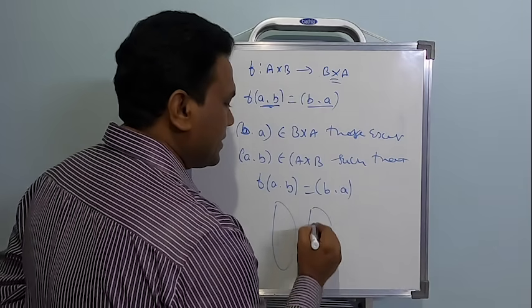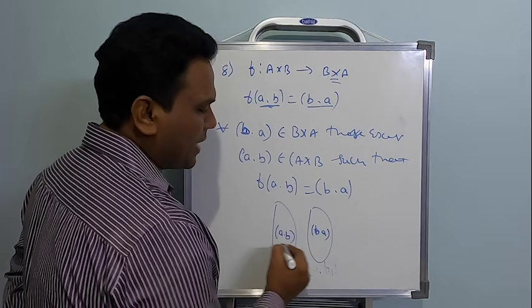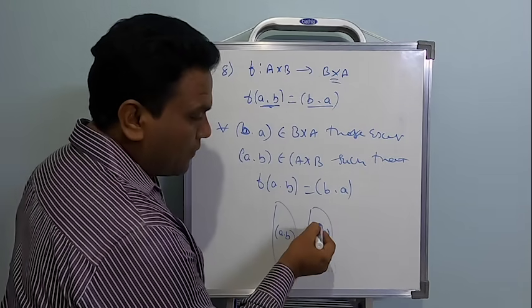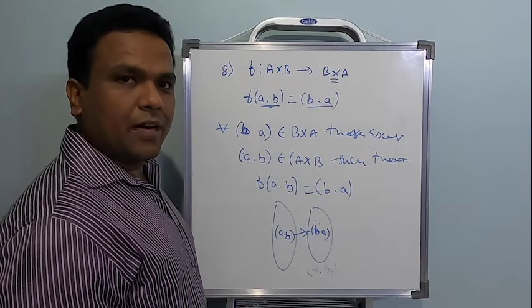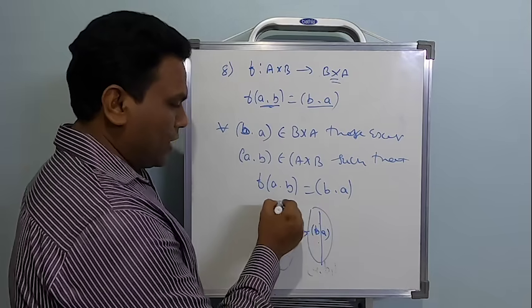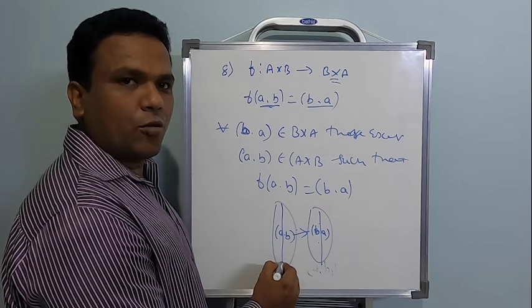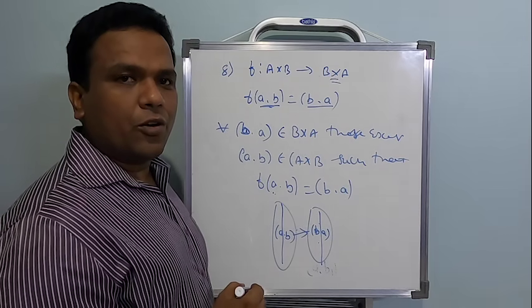See, this is a set where (b, a) will be present. This is a set where (a, b) will be present. For every element of the type (b, a), there exists an element of the type (a, b). Now that means for every element from the codomain, you can find an element in the domain also. Hence this says that the given function is going to be onto.